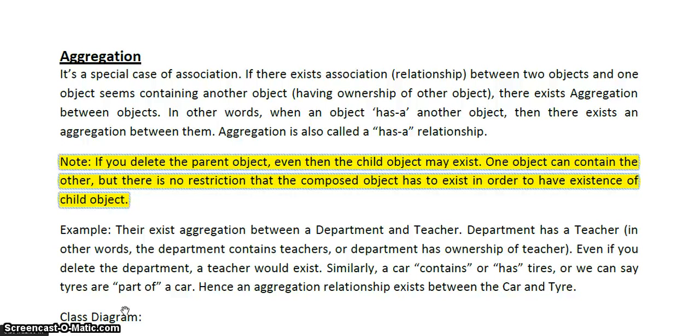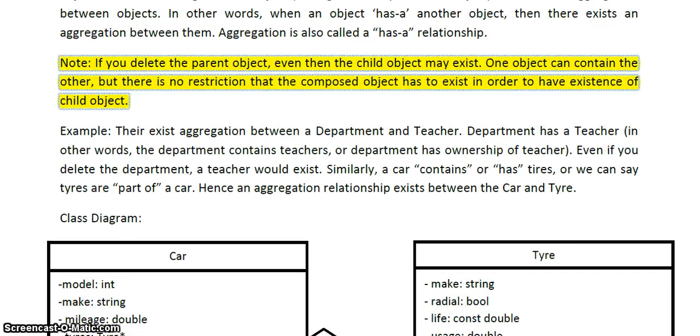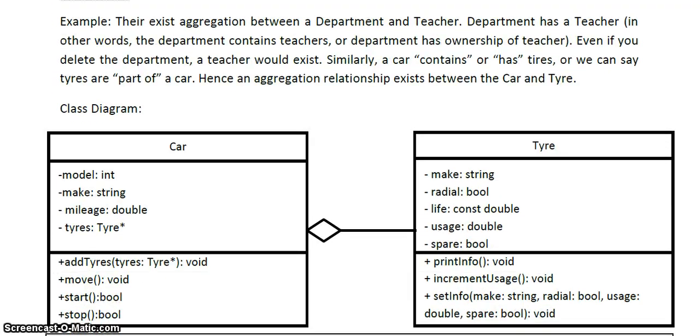So in that sense, we call this aggregation. When a particular car is destroyed, the tires are not destroyed. So lifetimes are separate, but there is an ownership, or parent object, child object, or composite class and component class relationship.